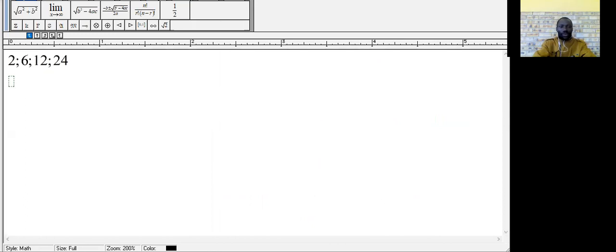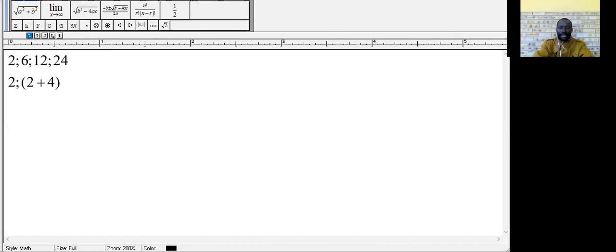Now, if this is the pattern that we are dealing with, please note that if we decide, for example, to add a number, let's say we are adding 4 to 2. When we add 4 to 2, let's say the first number is 2, then we want to find out how we get the next number. So let's say we add 4.